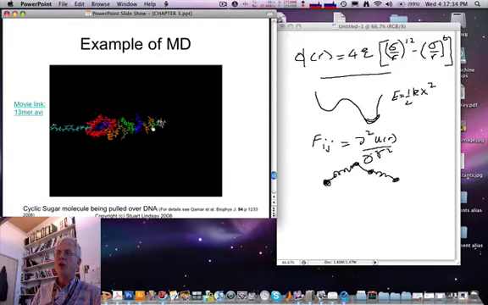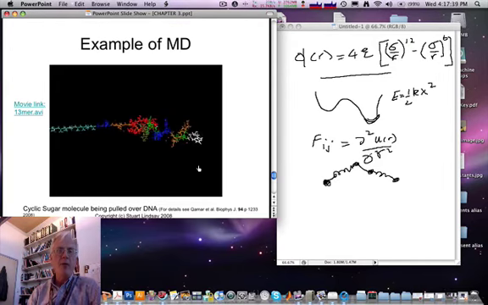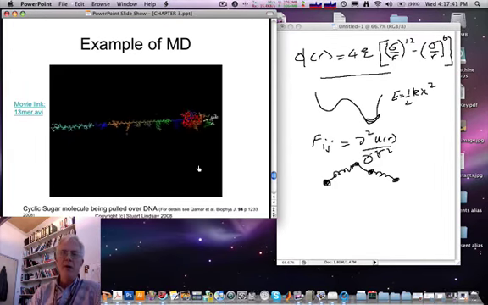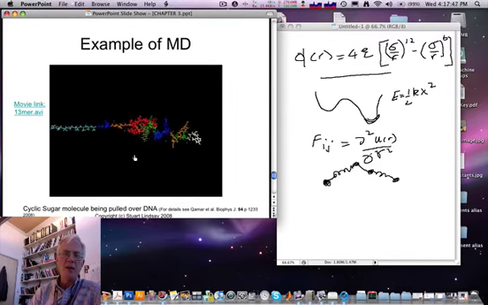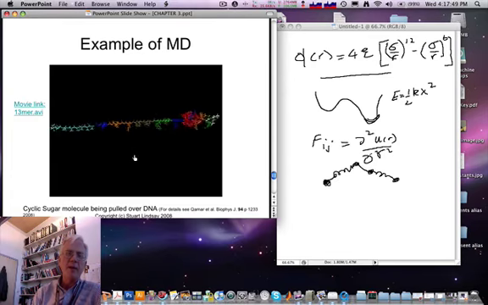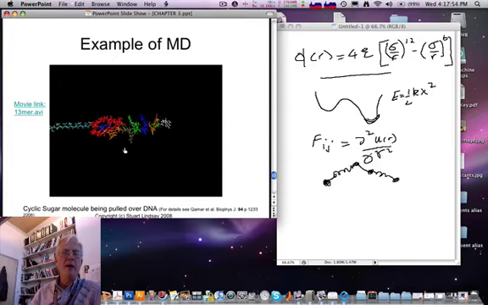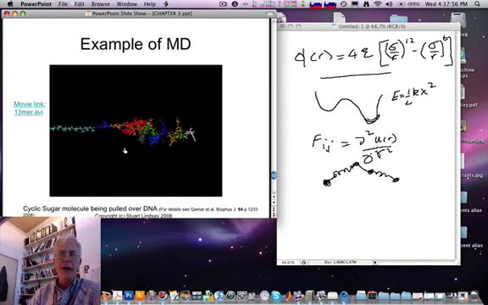Now, let me show you, before we talk about the limitations of molecular dynamics, the output of an MD simulation. They're beautifully seductive things because they look so pretty, and one tends to believe pretty movies, so a word of caution. But this is an illustration of some work in our lab where we built the system that you see here.